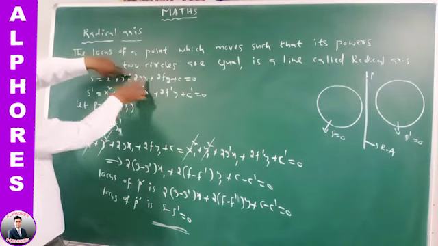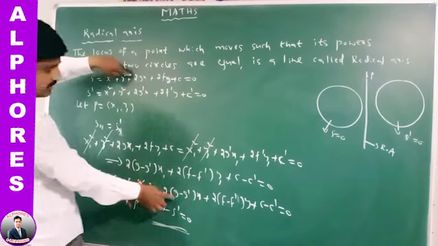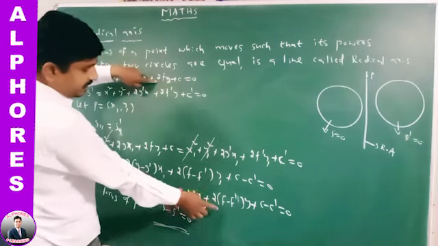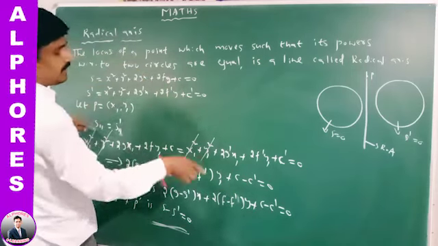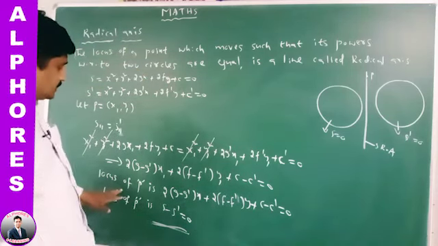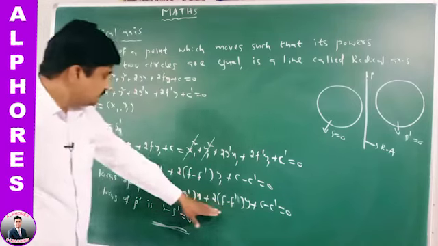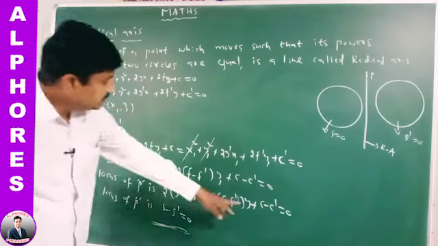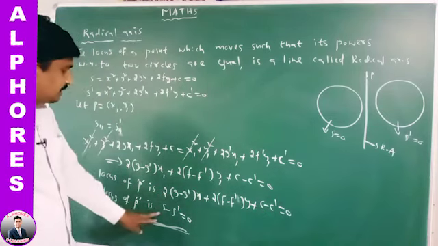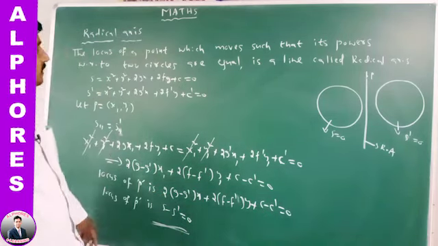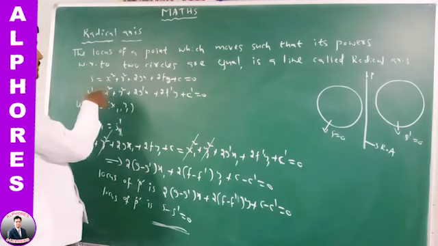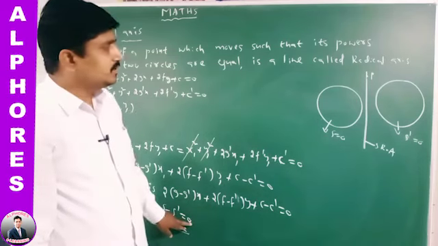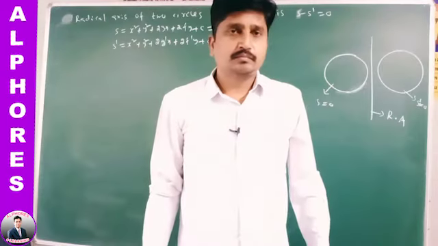Next 2gx minus 2g dash x is 2 of g minus g dash into x, plus 2fy minus 2f dash y is 2 of f minus f dash into y, plus c minus c dash equal to 0. The locus of P is this line, called the radical axis of these two circles. This equation is also written as S minus S dash equal to 0. Therefore, the radical axis of two circles S equal to 0 and S dash equal to 0 is S minus S dash equal to 0.